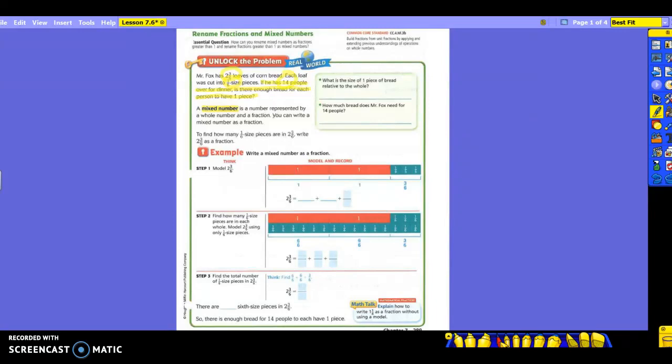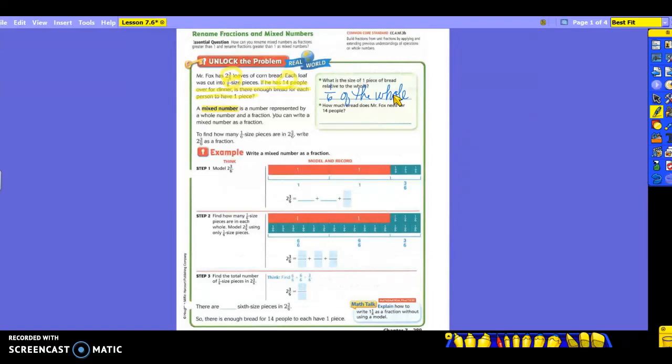It's going to be 1/6 of the whole. So we're going to write 1/6 of the whole. Basically what it's asking of us is, what is 1 piece out of the entire thing? So it is 1/6 of the whole. That's what relative to the whole means.